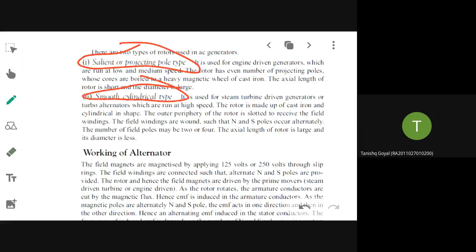Suppose you want to select a type used for a steam turbine or turbo alternator, what type will you use? Smooth cylindrical.